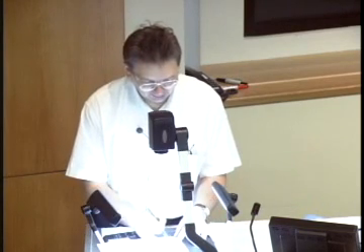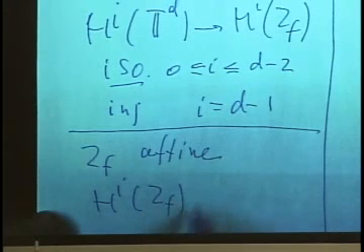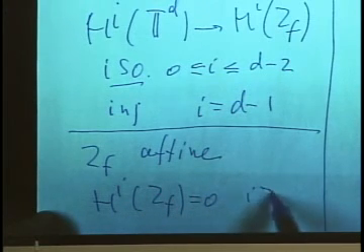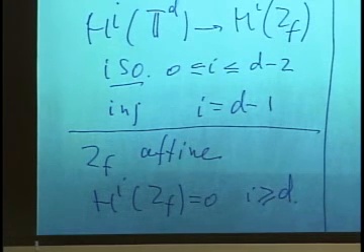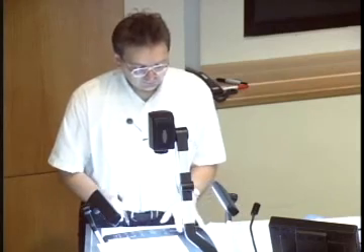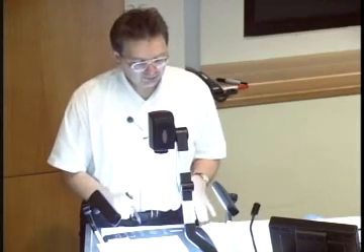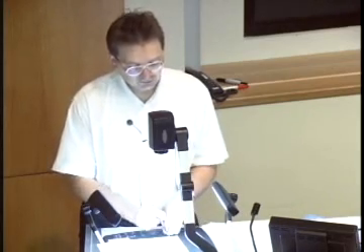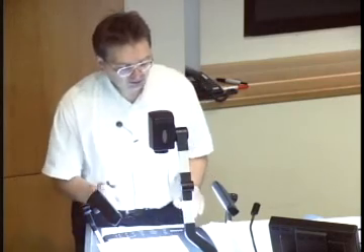So this will be 0 for i greater than or equal to d. That means all the interesting information for the cohomology of the hypersurface is in the middle cohomology group.